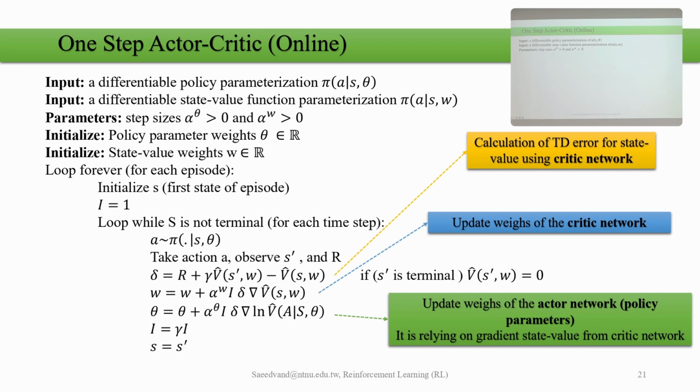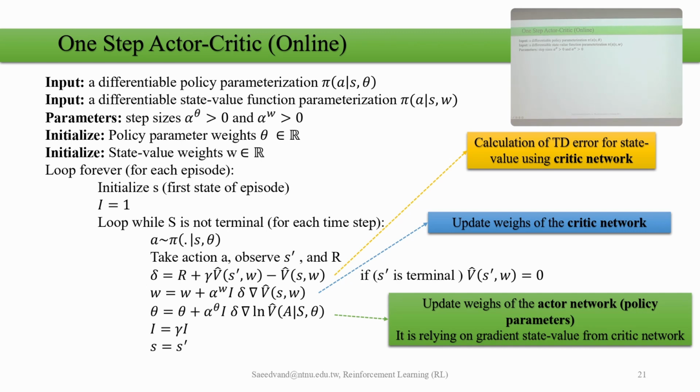And of course, we will have learning rates: learning rate alpha for the network of actor, and alpha for the network of critic. Both must be greater than 0 because we want both networks to learn from the environment.